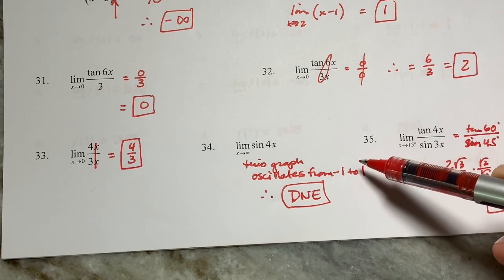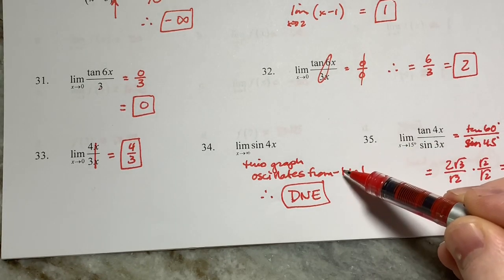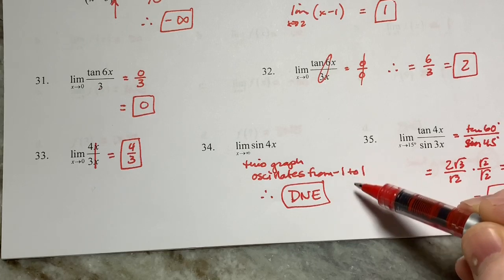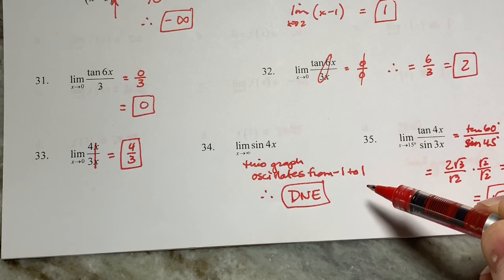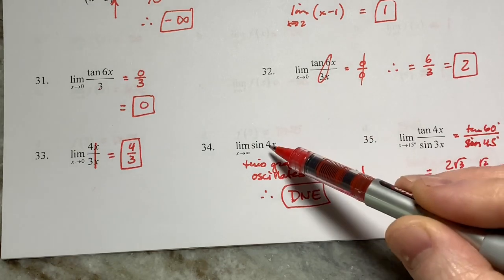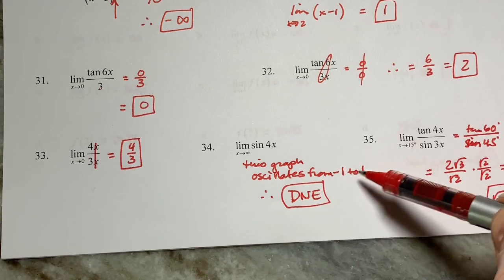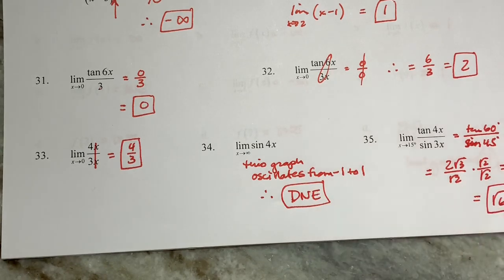It actually goes through -1/2 a whole lot more than it goes through -1. For every one time it hits -1, it hits -1/2 twice, or positive square root of 3 over 2 twice, or 0.9 twice. So definitely, if you see oscillating between two fixed y values, we say the limit does not exist because there is not a single y value that this is approaching.